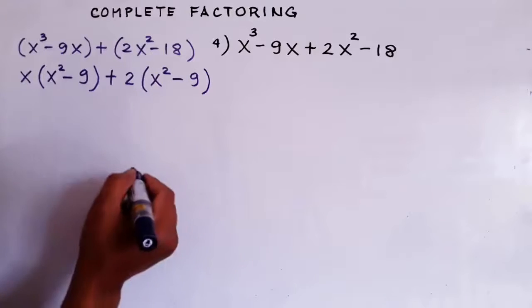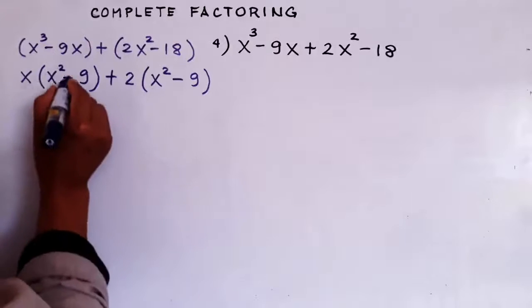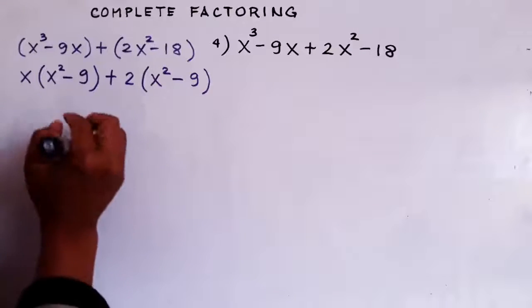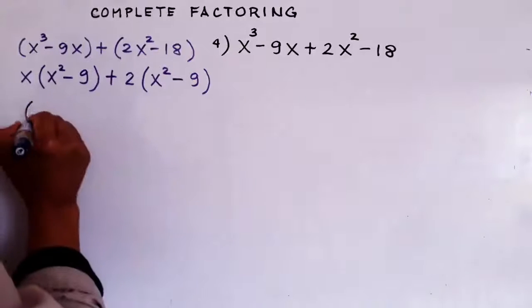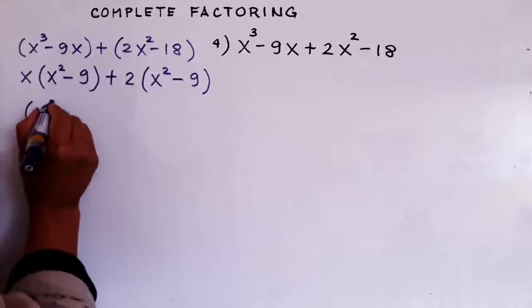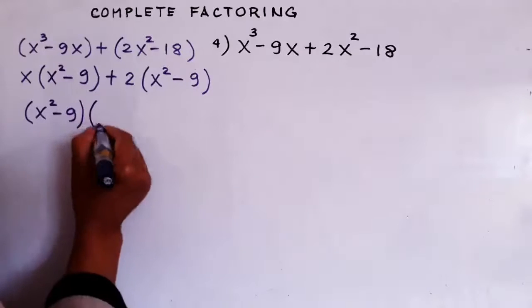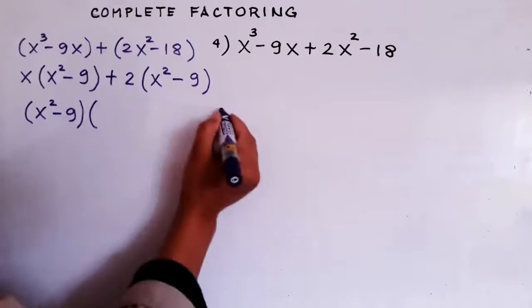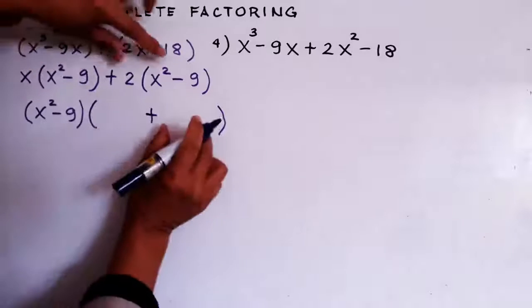Now, what do you see here, class? We have a common binomial factor here, which is x squared minus 9. We have that one in the first group, we have also that one in the second group. So we remove that one, x squared minus 9. And then we have the plus, the big plus, between the first group and the second group.